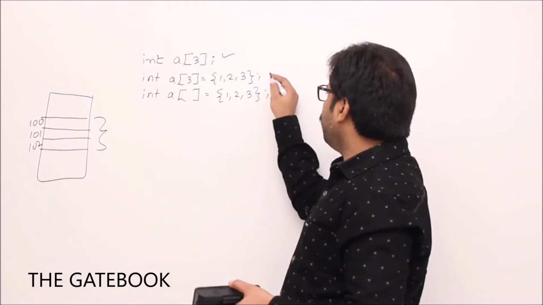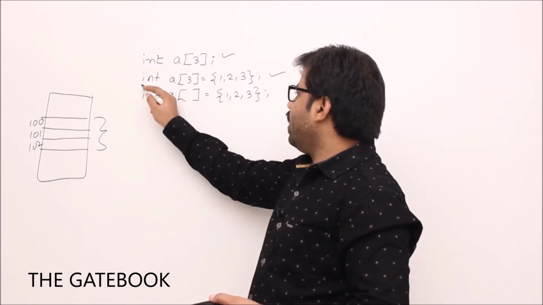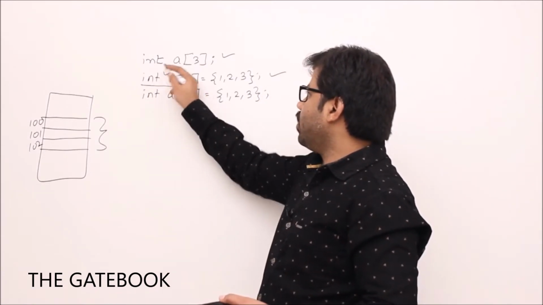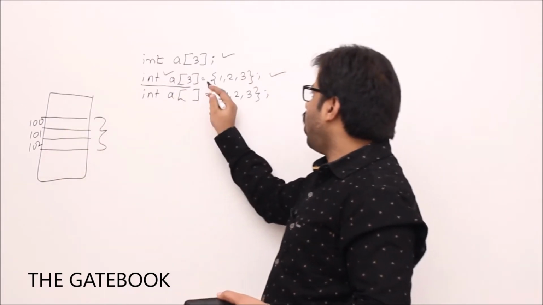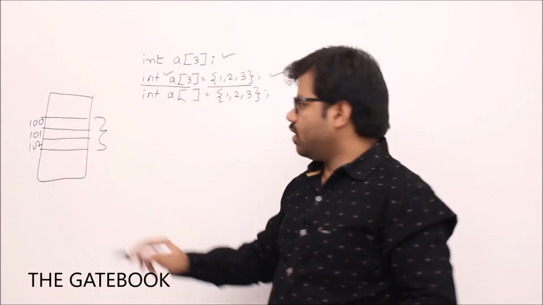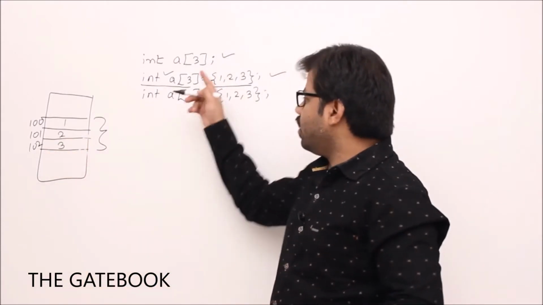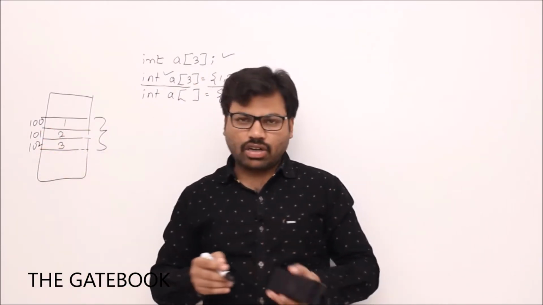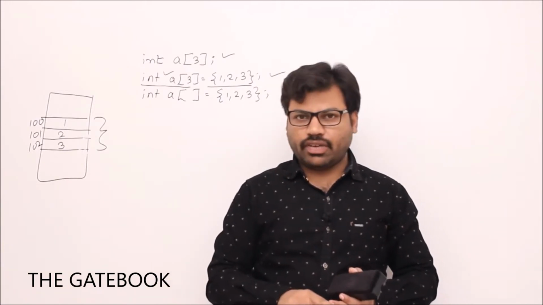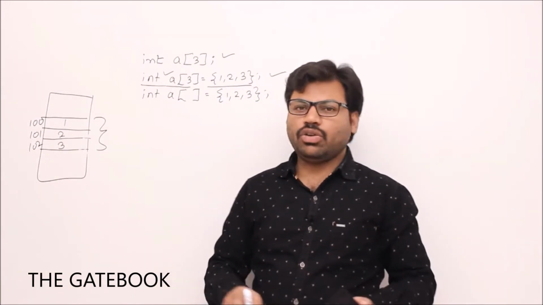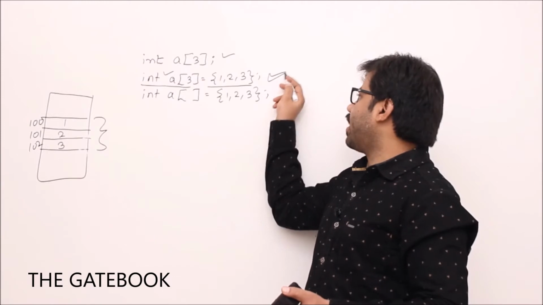Second way: int a[3] will be done, followed by initialization, that means 1, 2, 3 will be added. If you don't do that, then 100, 101, 102 contain garbage values. You should be careful, don't use them. Before that you have to initialize them. That's why it is good practice.